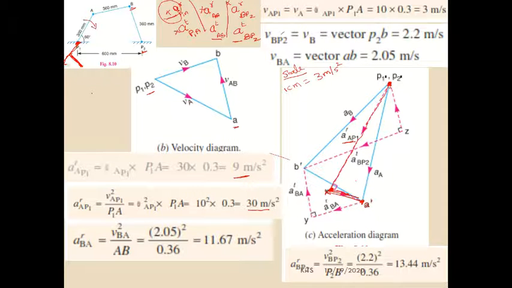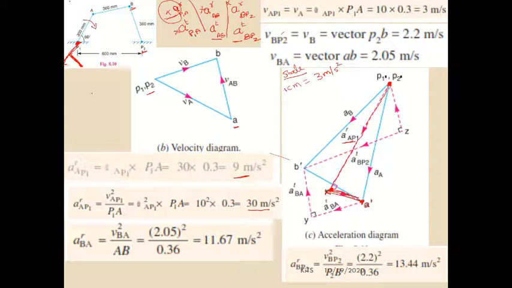Okay, so radial line means parallel to AP1, but in the reverse direction, in the downward direction. Remember, in the acceleration diagram, because the arrow is shown clockwise, it looks downward, so I am drawing the line in the downward direction. After that I have drawn the tangential line.